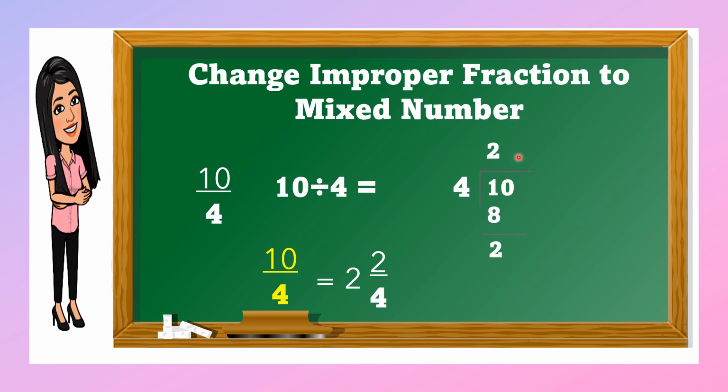Yung number na nasa itaas, yung quotient natin, ay magiging whole number. Dito nyo ilalagay sa unahan. At yung number na ating dividend kanina ay magiging denominator. Ibig sabihin lang yan, kung ano yung denominator ng given natin, yun din yung denominator kailangan ng magiging sagot nyo.